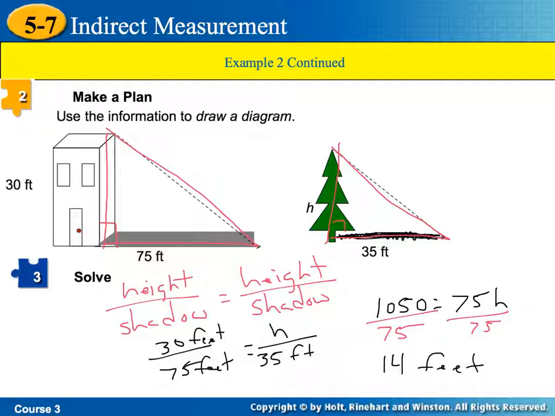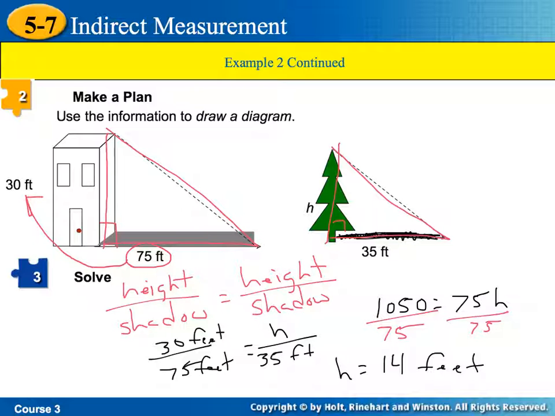Now, think about that. Does that make sense? My answer would be yes. Because if you look at the building, the building shadow is 75 feet, and the height of the building is 30 feet. Notice that the height of the building is a little less than half the shadow of the building.